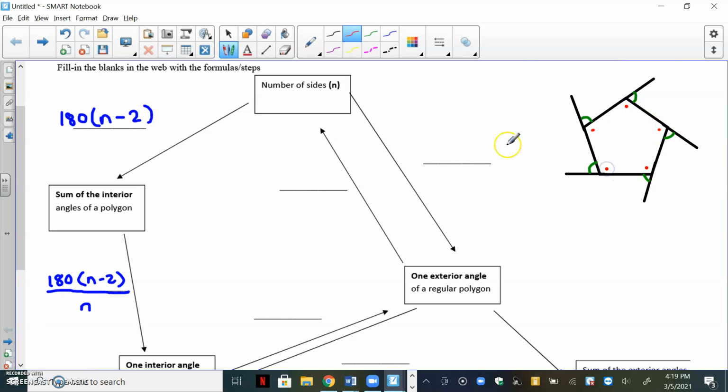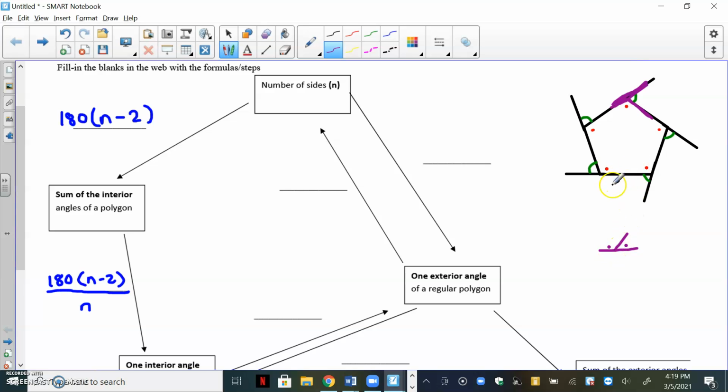What's really important to understand is that there's a special relationship between the red and the green, or between the interior and exterior. Hopefully you remember that when you see this T relationship, that means they are supplementary. Whenever we worked with angle relationships last semester and saw something like this, we knew these two angles must add up to 180.